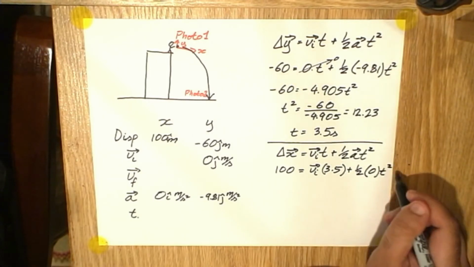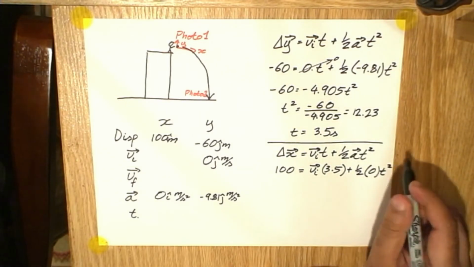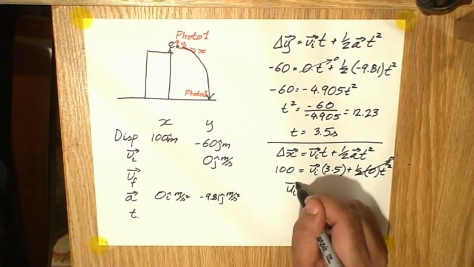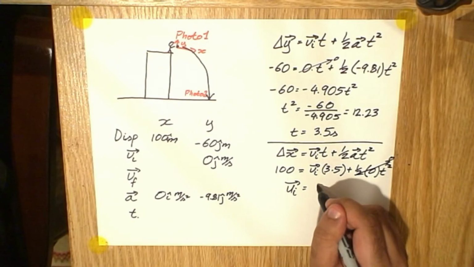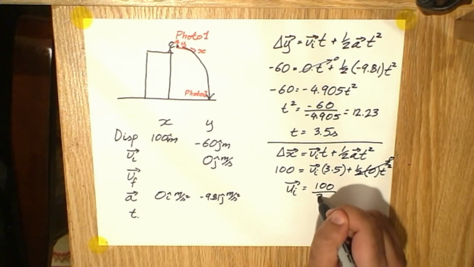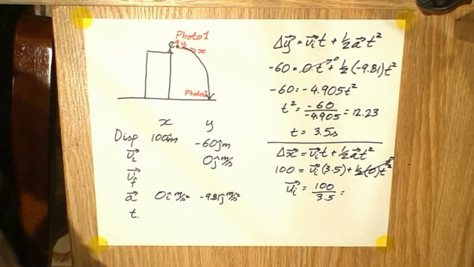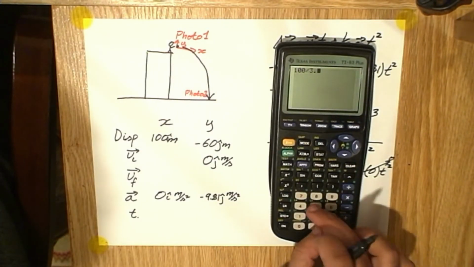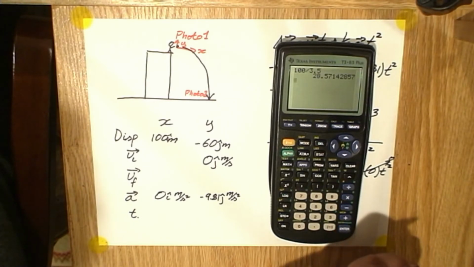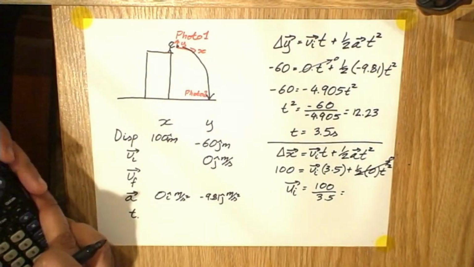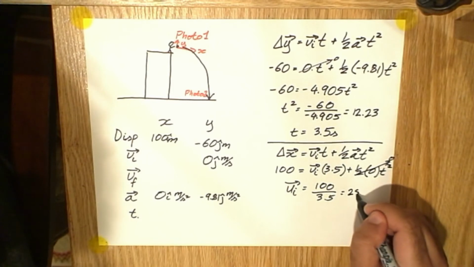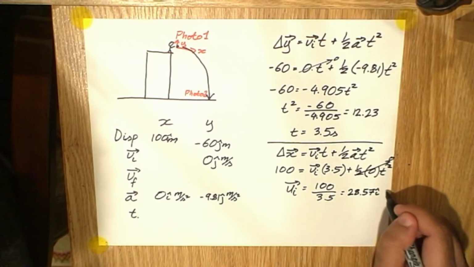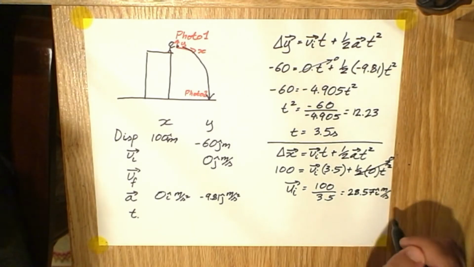I'm not even going to bother writing out the time squared because it's multiplied by 0. This whole term is going to cancel. So we get that v initial is equal to 100 divided by 3.5, which is equal to 28.57. And that would be in i hat meters per second.